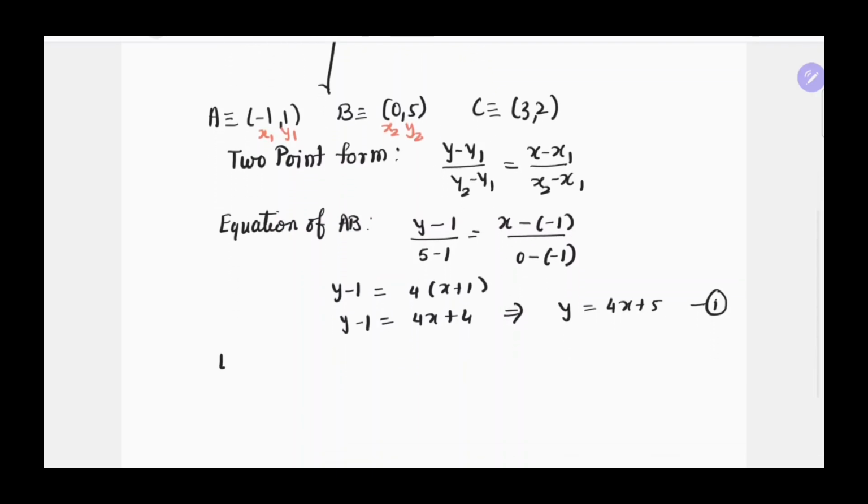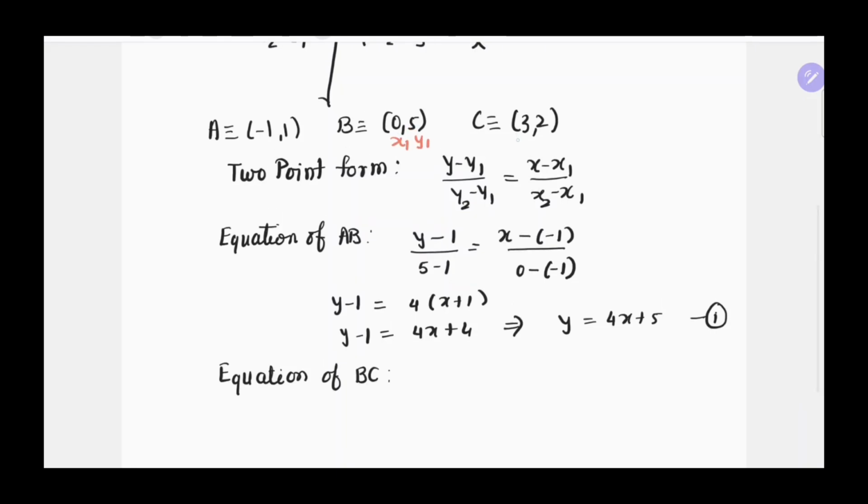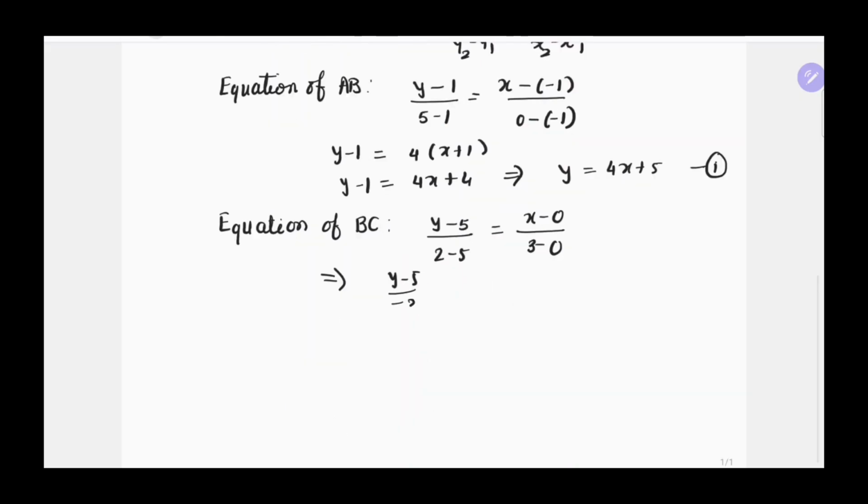Now similarly I have to find the equations of BC and AC using the two-point form. Now x1 y1 is B and x2 y2 is C, so (y minus 5) upon (2 minus 5) is equal to (x minus 0) upon (3 minus 0). Which simplifies to (y minus 5) upon (-3) is equal to x upon 3.